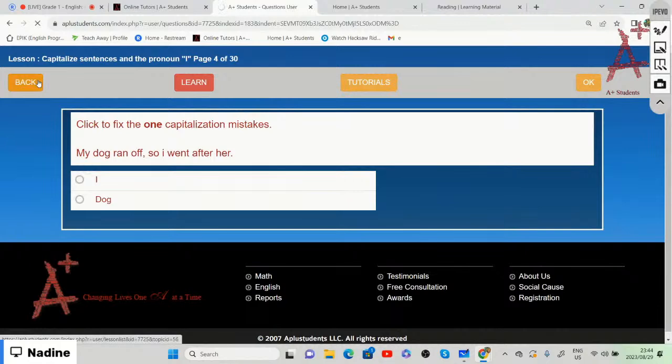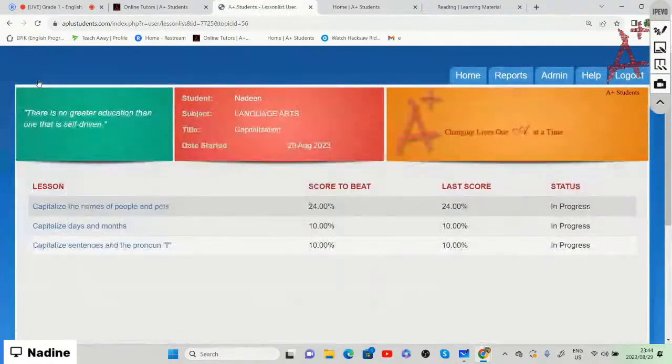All right, so that is our lesson on capitalization, where we said we capitalize the names of people and pets. We capitalize days of the week and months of the year.